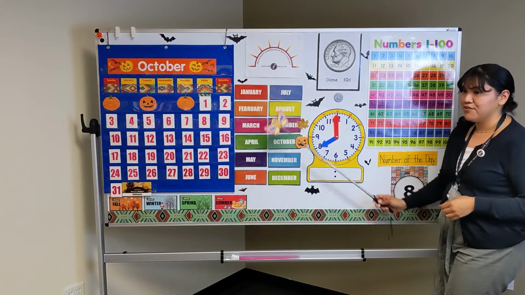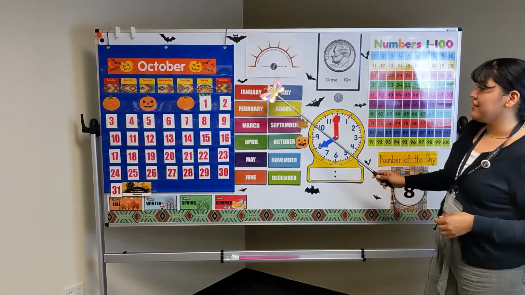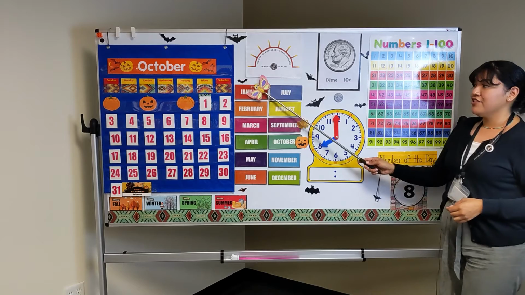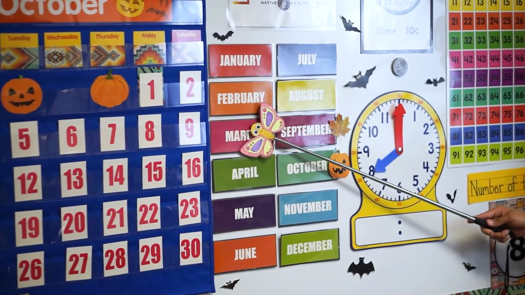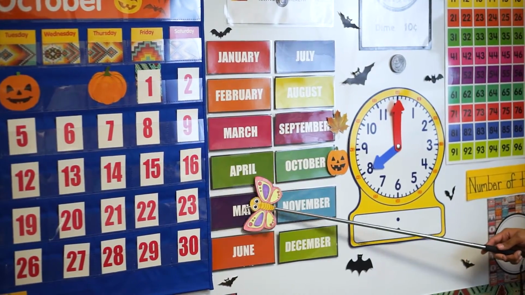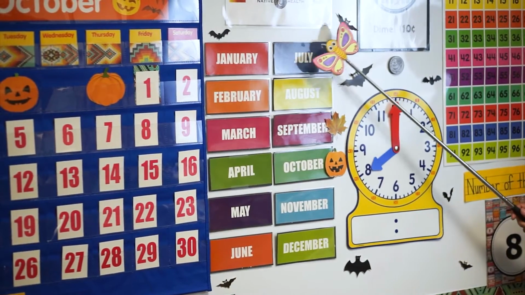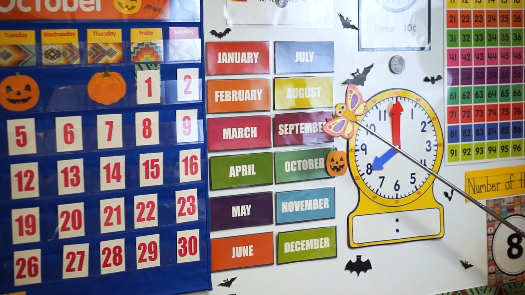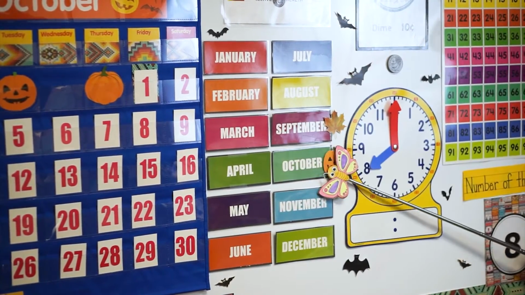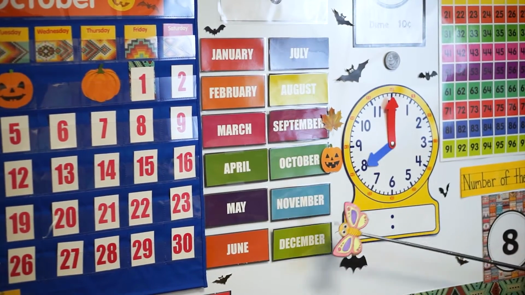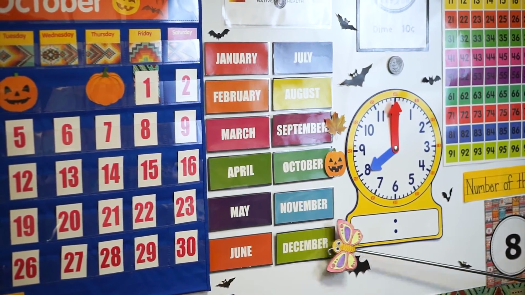All right, let's go to our months. Let's start with January. We have January, February, March, April, May, June, July, August, September, October, November, and December.